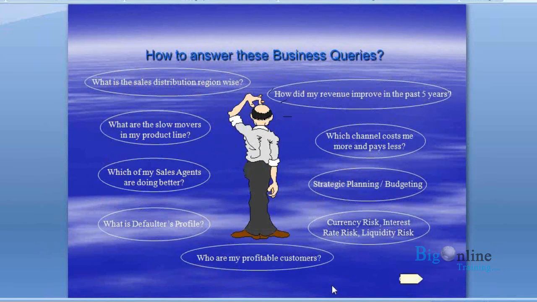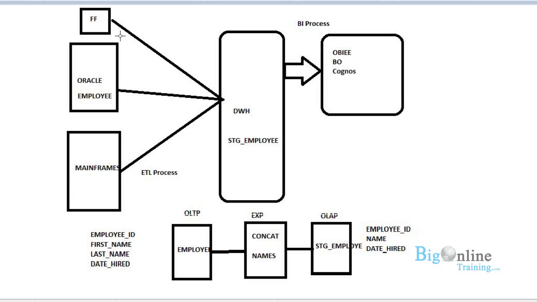And to do all these analyses, you can ask the question: why can't we use the OLTP system? Why are we bringing the entire data from there to the data warehouse and then generating the reports? Why can't we do this using an OLTP system? If you are generating the reports from your OLTP systems, your transactions will slow down.